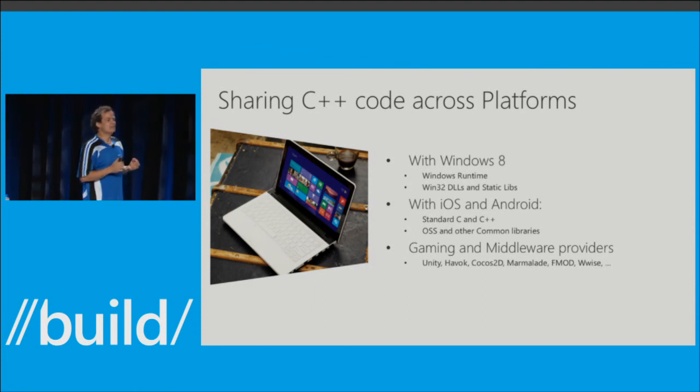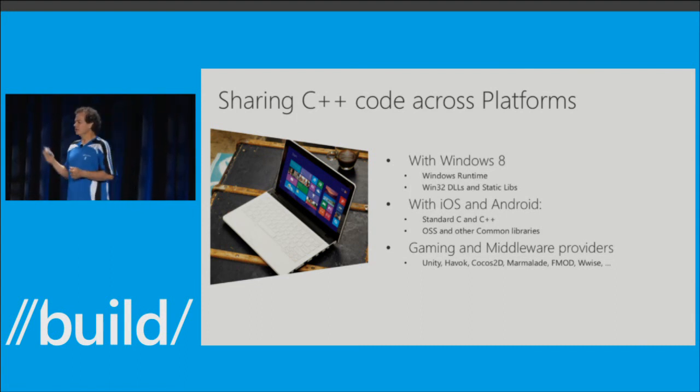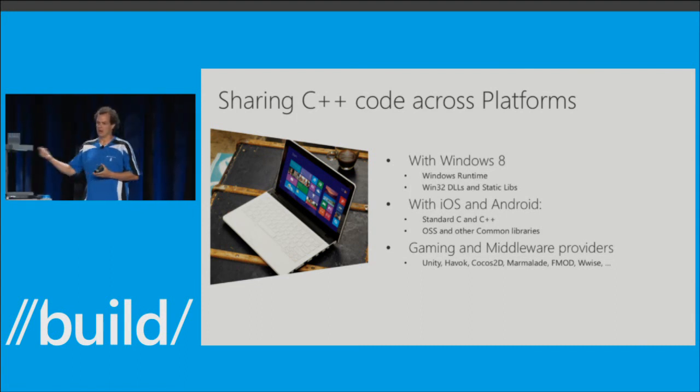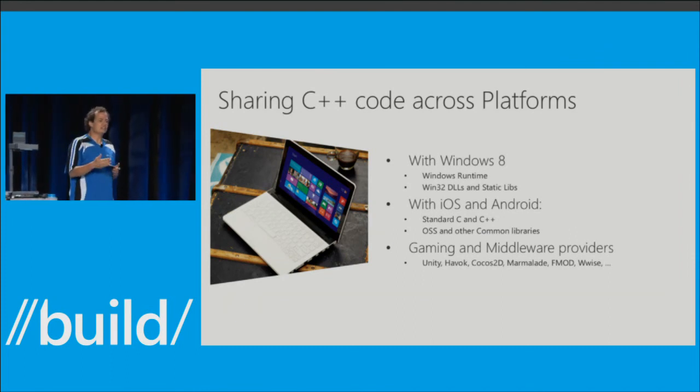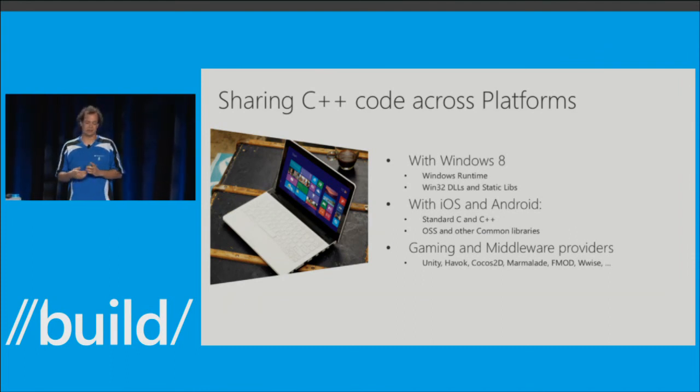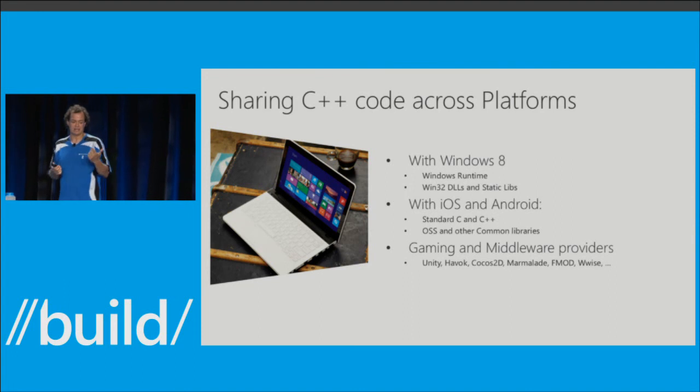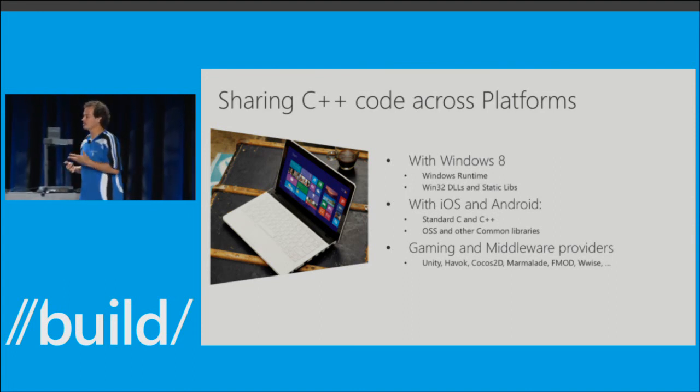Last, gaming and middleware providers. A little bit earlier, I showed Temple Run on a previous slide for an app that is shipped in the Windows Phone store. So Temple Run is built on top of the Unity gaming engine. Other engines and middleware that are built around games: Cocos 2D, Marmalade, FMOD, WWise for audio.